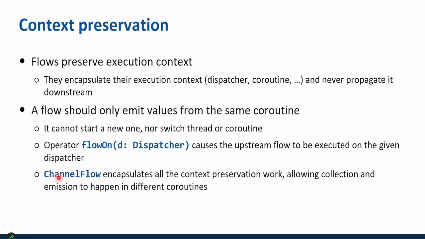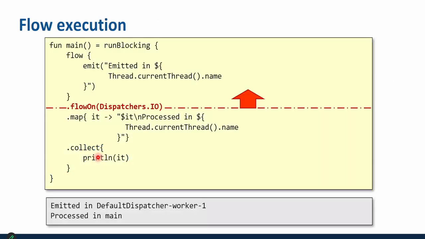This is a specialization of flow which fully encapsulates the context preservation work without you having to deal with it. So when you maybe have encountered, during this week while reading documentation, channels, these are the problem they are solving: tracking the execution context throughout different methods.